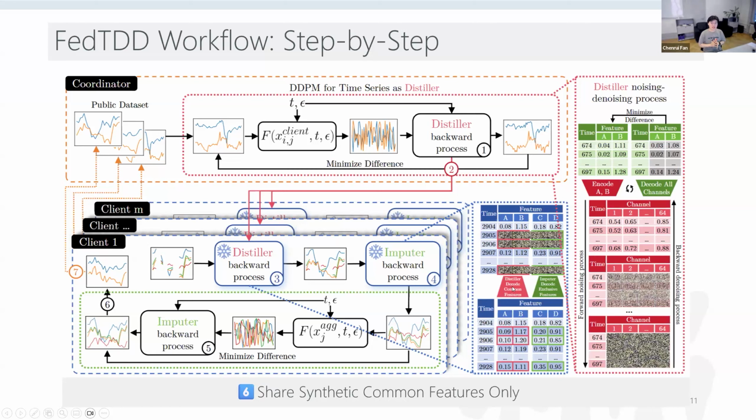For privacy protection, each client only shares the synthetic values of common features like A and B. No exclusive features are sent, and no raw data is leaked. The coordinator then merges these synthetic common features into its public dataset for the next round. Then each client sends the data to the public dataset. Then we have a new public dataset right after one round.